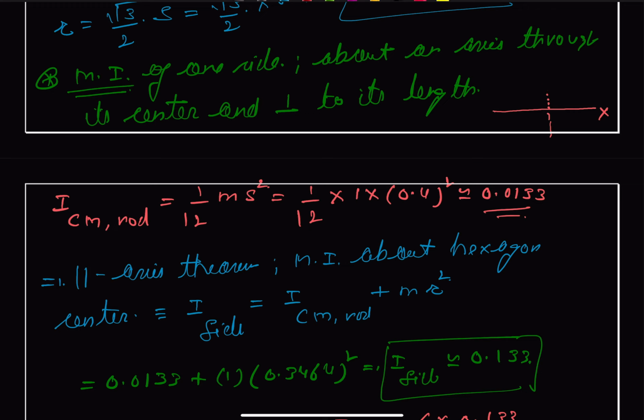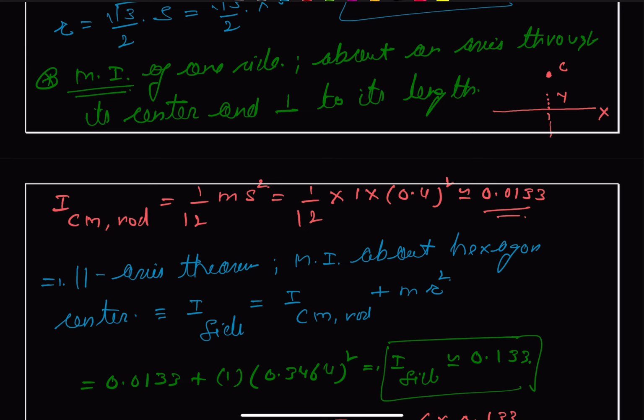Okay, and let me draw this. This is our y-axis about which we are going to find out the moment of inertia, and if this is the center, then the axis about which we are using the parallel axis theorem will be passing through this center C, and it will be once again parallel to y-axis. Okay, so perpendicular to this entire plane.